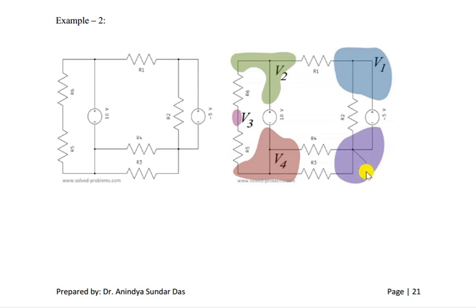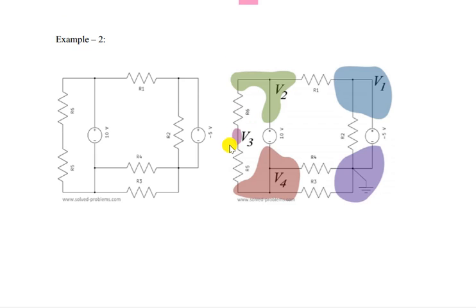So you can take this one as ground, then V1 will be known, and we have V2, V3 and V4 as unknown voltages. Okay. Now for V3, you can consider these two as series resistances, so the same current will flow. So you can take it as R5 plus R6. Like that you have to solve the nodal analysis.